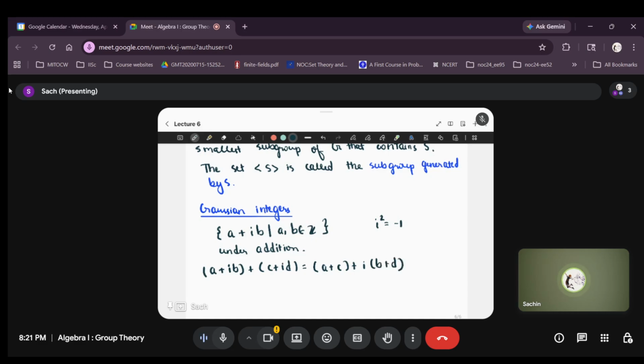If a, b, c, d are all integers, a plus c is an integer and b plus d is an integer. So it is of the form an integer plus i times an integer. So it is in the group of Gaussian integers. Then 0 plus i times 0, which is equal to 0, is the identity element. And the additive inverse of any number a plus ib is minus a plus i times minus b.